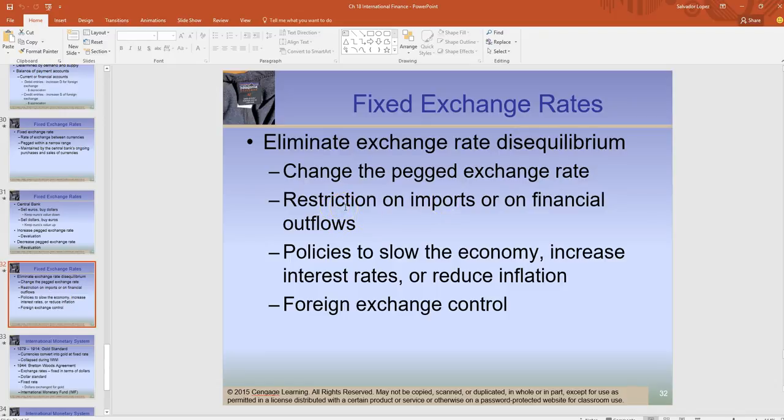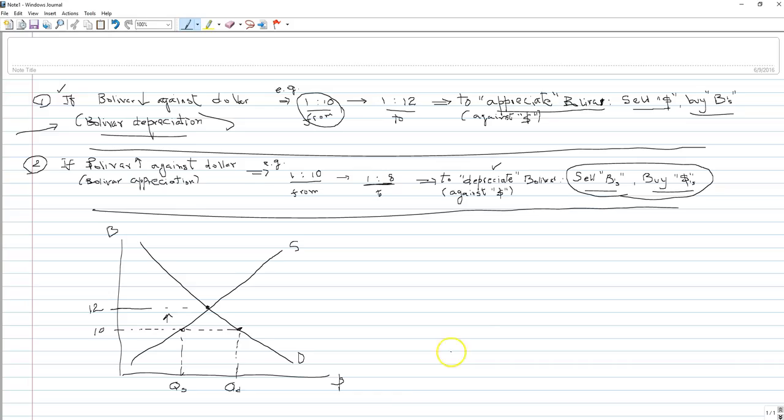Another thing countries do in this situation is that they may restrict imports or financial outflows, because as money leaves with imports, money leaves, let's say Bolivars, so the supply of Bolivars increases and the demand for the foreign currency increases. So supply of Bolivars increases, the demand for dollars increases with imports.